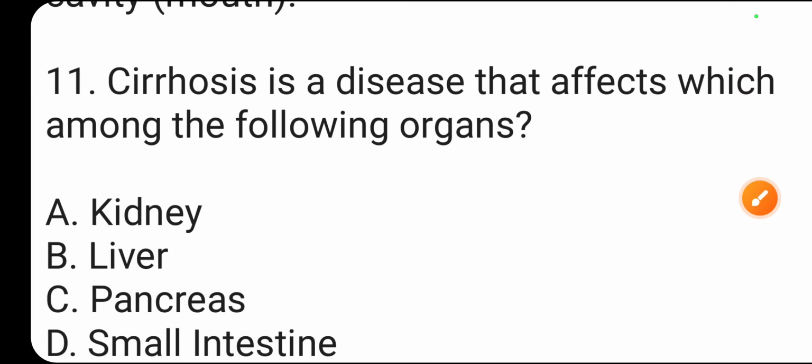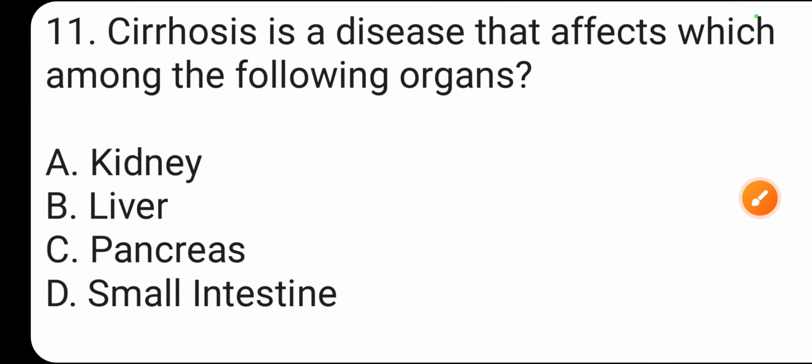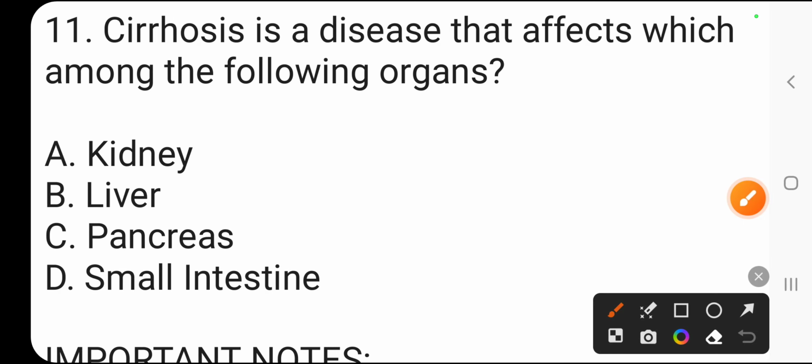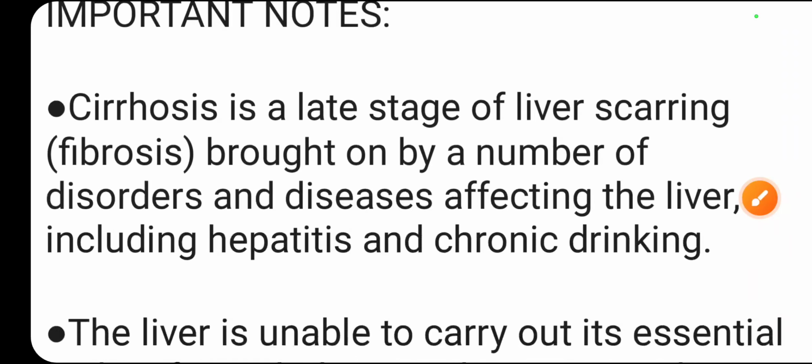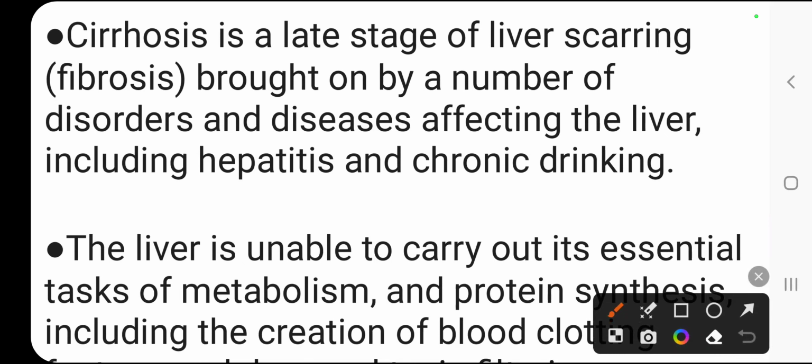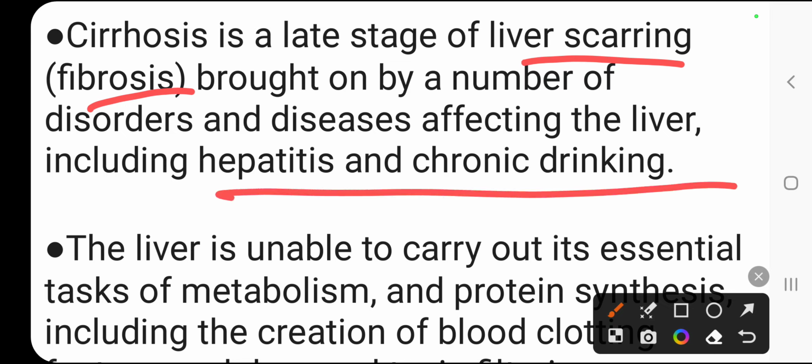Next question, cirrhosis is a disease that affects which among the following organs? The correct answer for this will be B, liver. We will see some important points here. Cirrhosis is a later stage of liver scarring or fibrosis which is brought on by a number of disorders and diseases affecting the liver, which include hepatitis and chronic drinking.